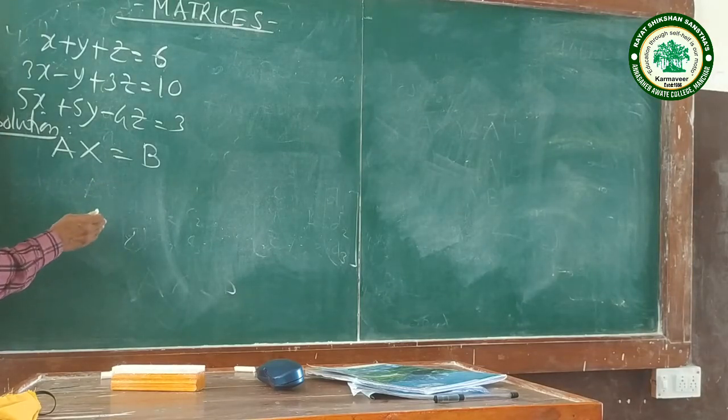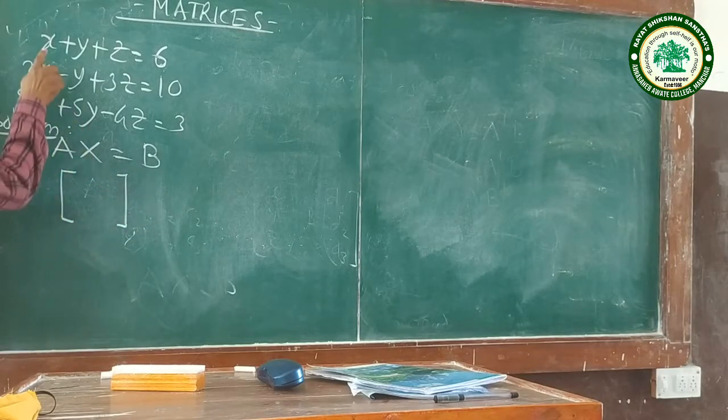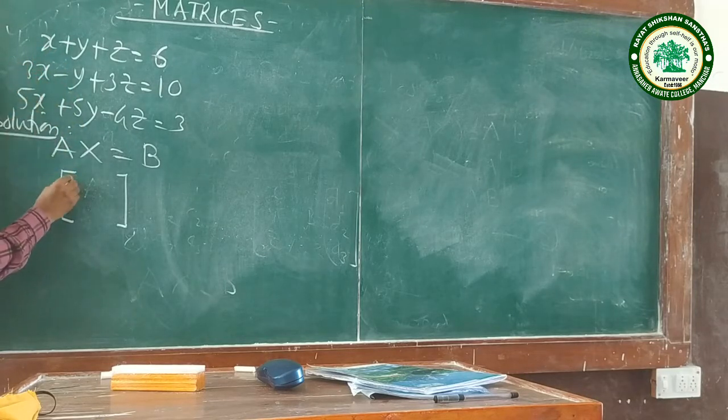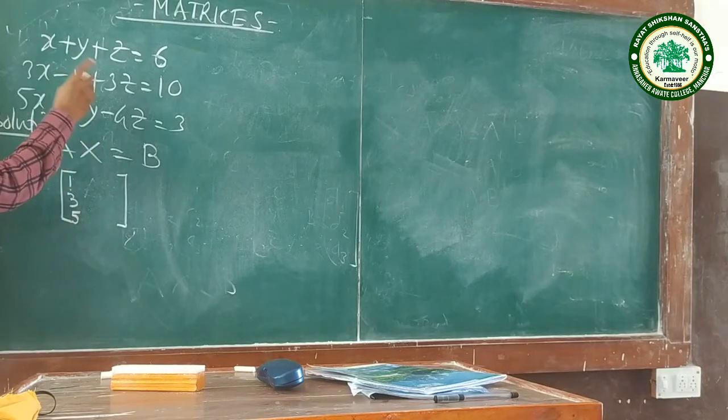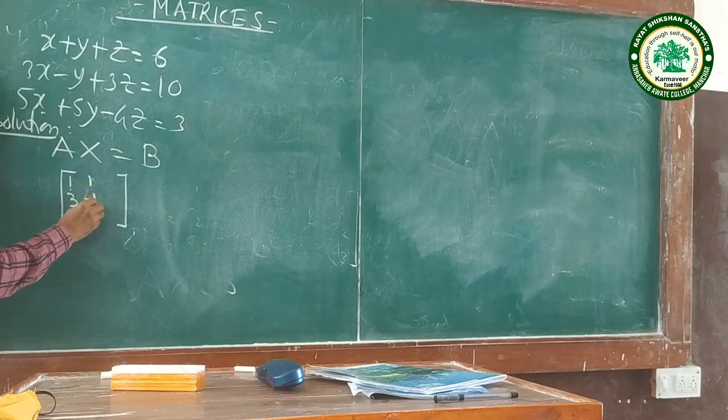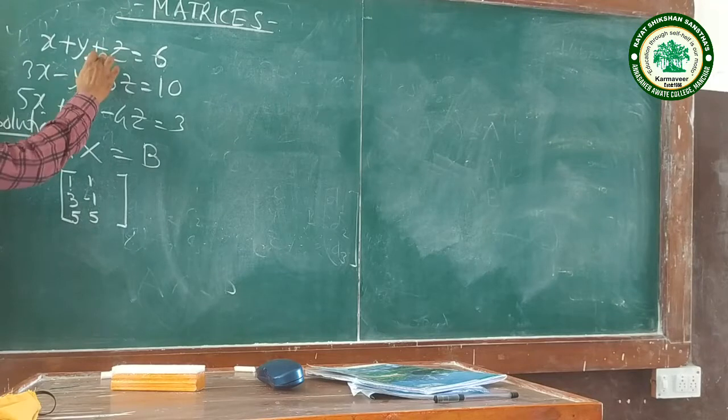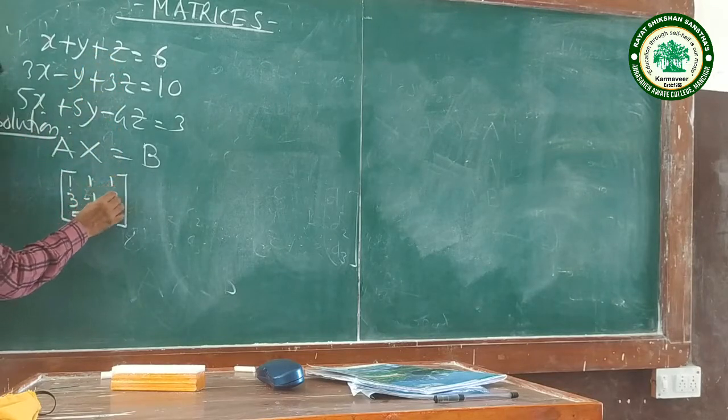So what is the matrix A now? It is the matrix of coefficients. What are the coefficients of x? 1, 3, 5. Second column, coefficients of y, 1, minus 1, 5. And third column, coefficients of z, 1, 3, minus 4.